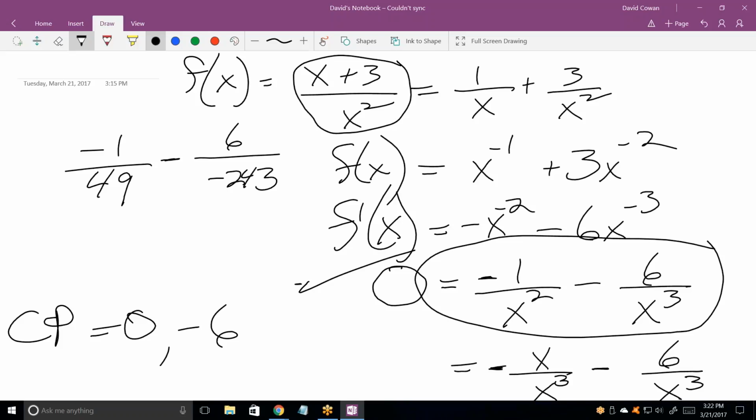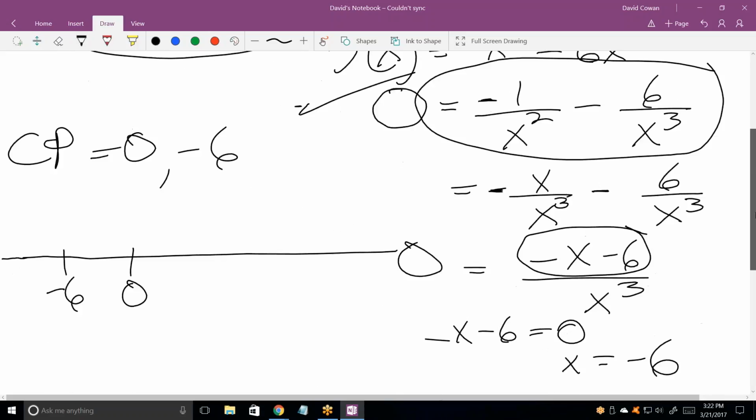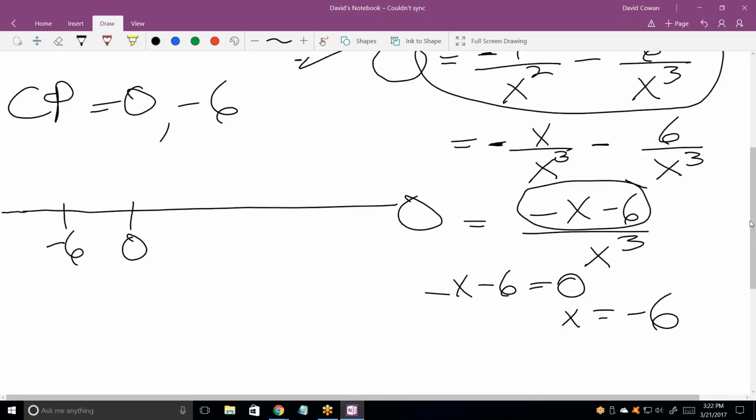Is that a positive or a negative number? Negative. Well, we got minus 7 plus 6, so you're right, it is negative. So if I go to my line chart, everything over here is negative.